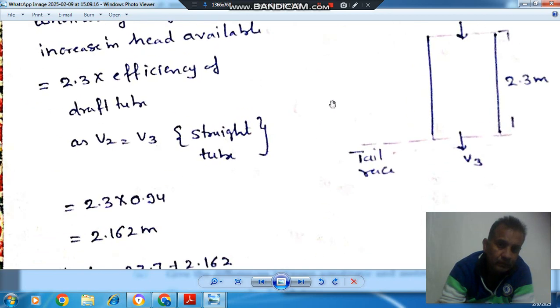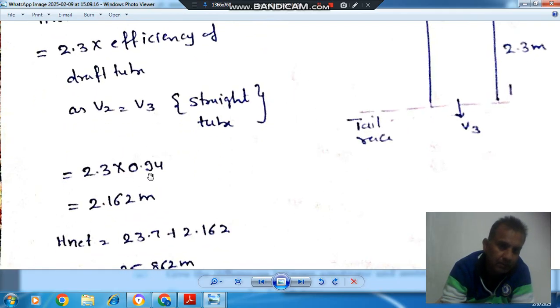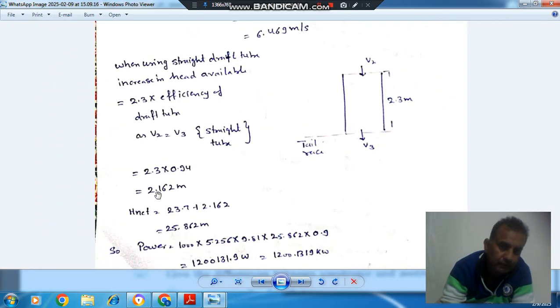As the efficiency of the draft tube is given as 94%, and velocity is the same, the ideal pressure will be generated only due to this 2.3 meters. So extra pressure head available ideally is 2.3 meters. Considering efficiency, it is multiplied by 0.94, so it comes out as 2.162 meters.